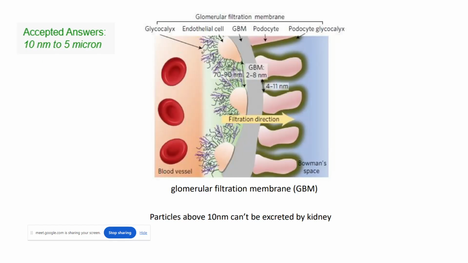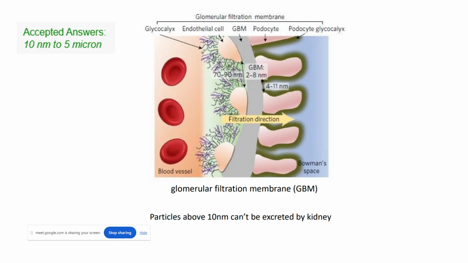Okay. The answer is 10 nanometer to 5 micron. In the initial lectures, you might have gone through the glomerular filtration membrane, where between 4 to 11 nanometer is the space. So particles above 10 nanometer cannot be excreted.